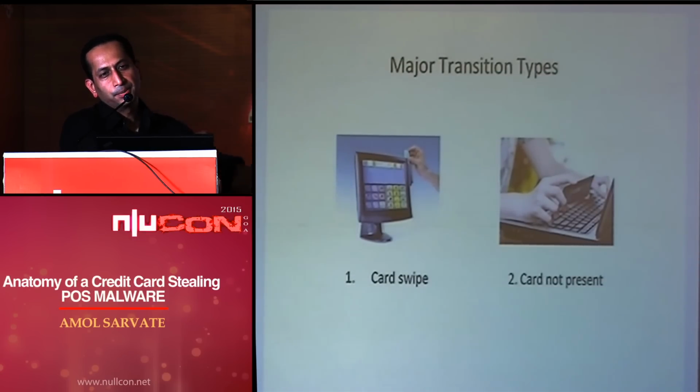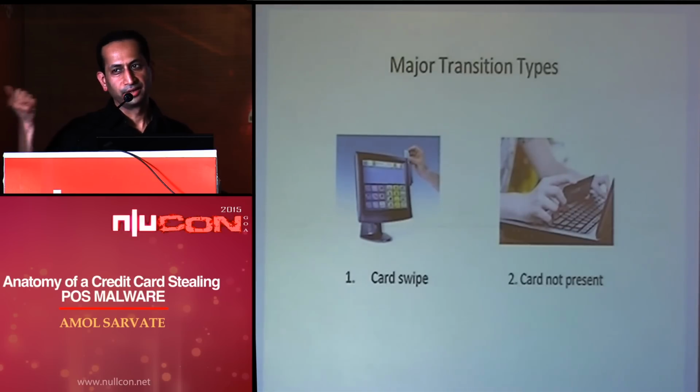What happened was that a long time ago there was no online transaction, so there was only one transaction type, the card swipe. Everything was on the magnetic stripe. When you swipe, the card reader reads it, sends it for authorization, and gets a yes or no reply. If it's yes, then it will charge your credit card and the transaction goes through.